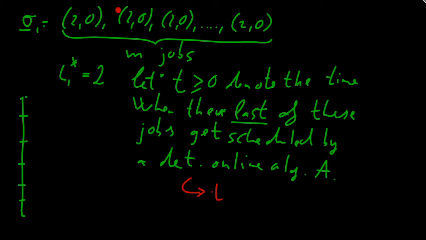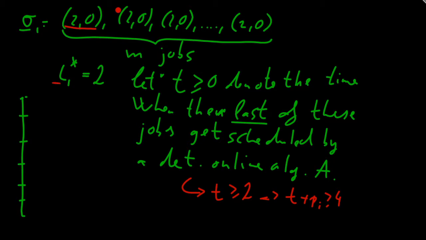Now, if T is at least 2, in one of the examples previously the T was exactly 2, and then since each of these jobs has a size of 2, this will mean that T plus p_i is at least 4.